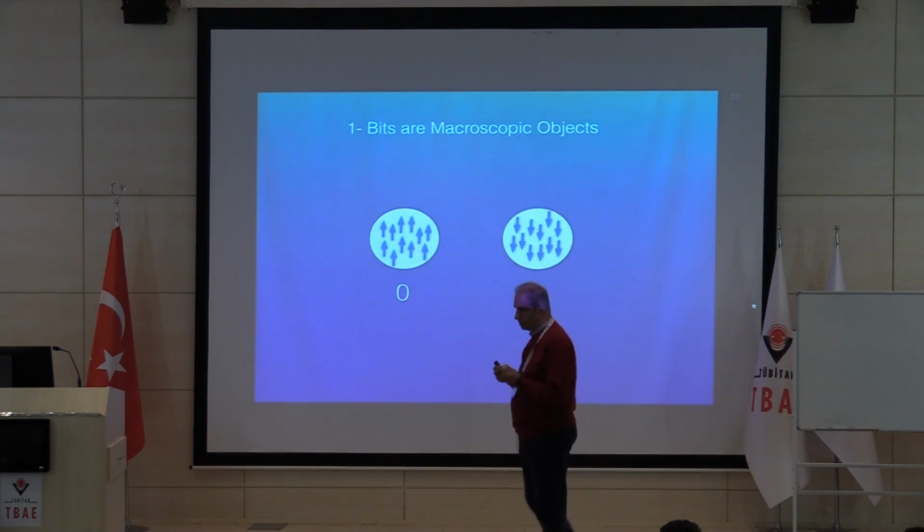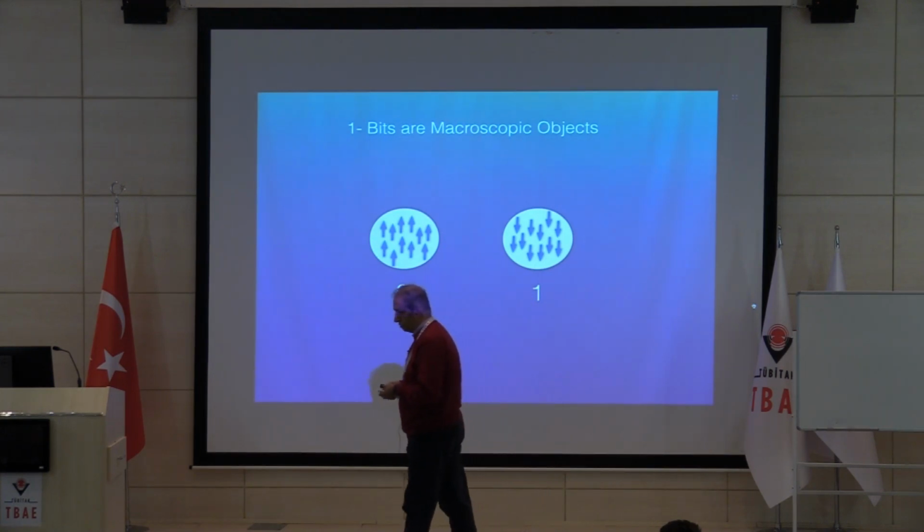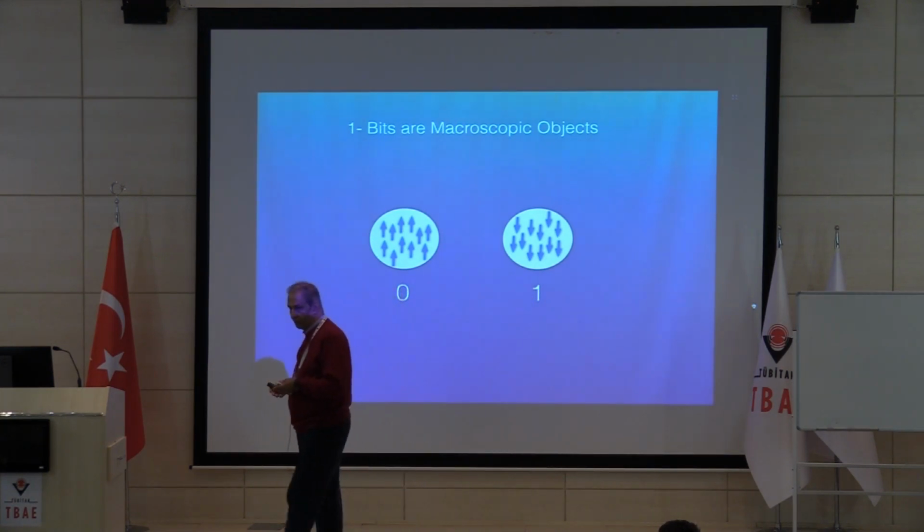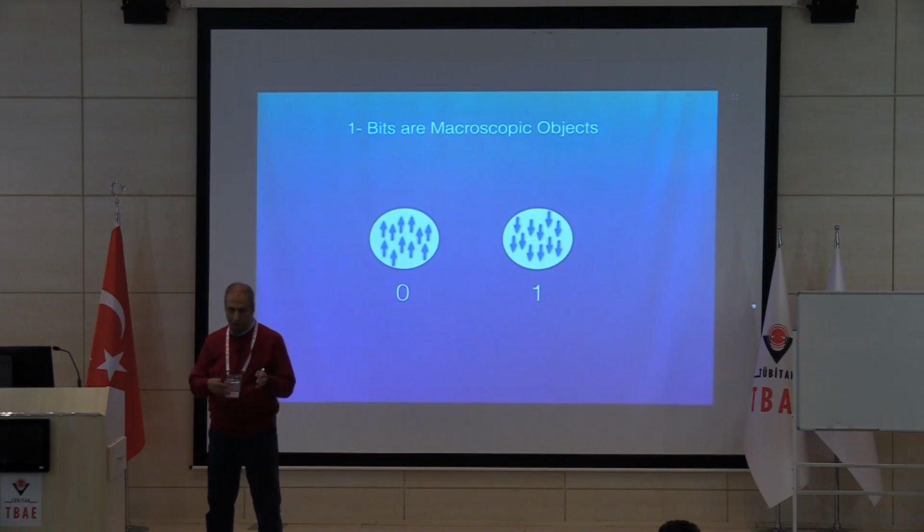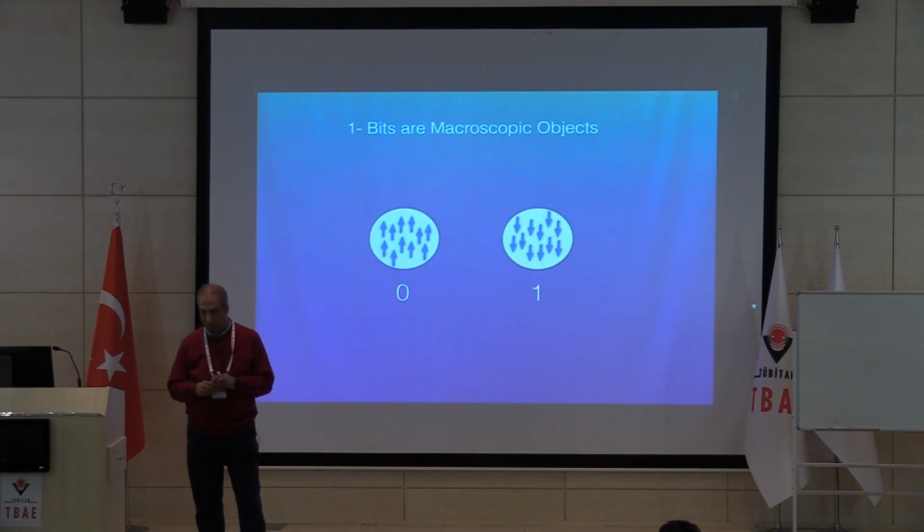Any classical bit in your computer, your phone, your iPad, your laptop, anything, consists of a macroscopic object of thousands and millions and billions of atoms that form a single bit.